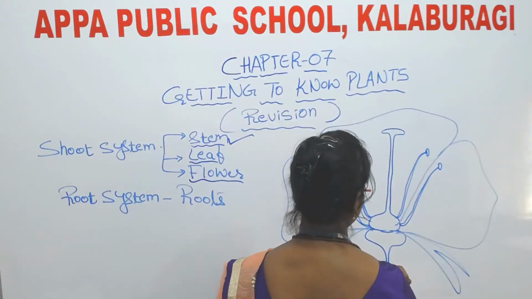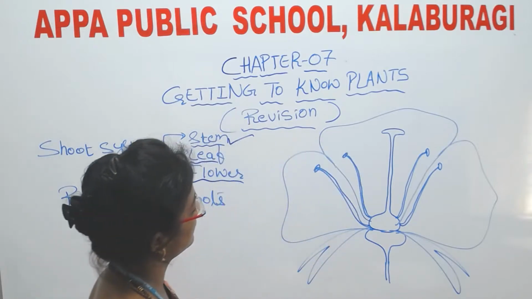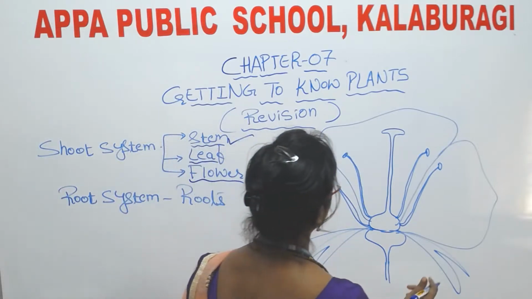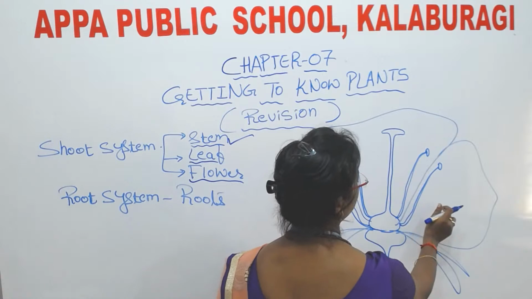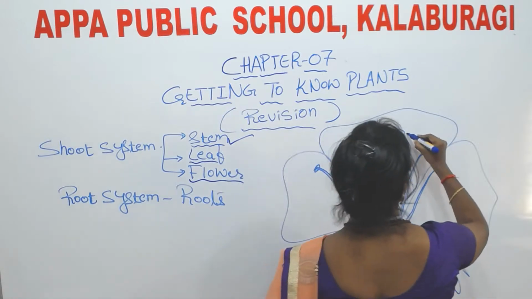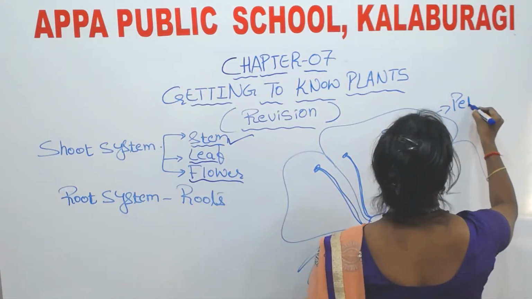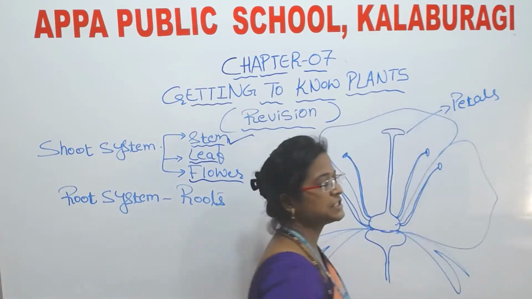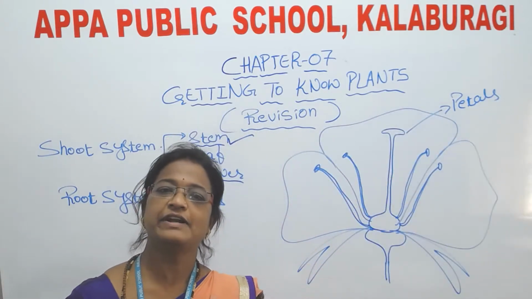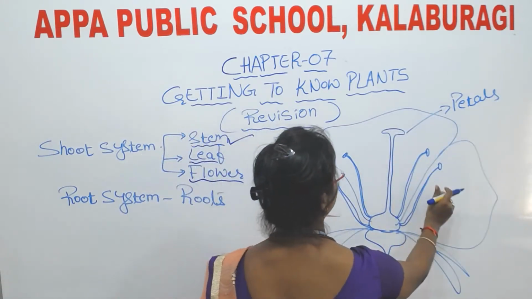Okay, so this is flower, and now let me write the label of this. So these are the petals. Petals will be of different size and different colors.